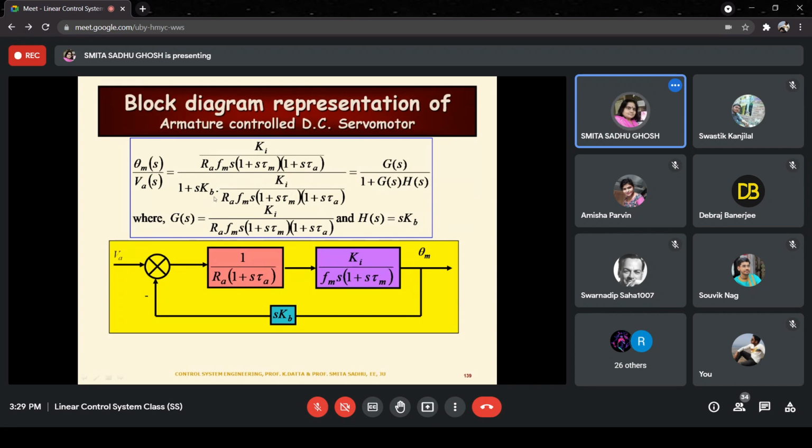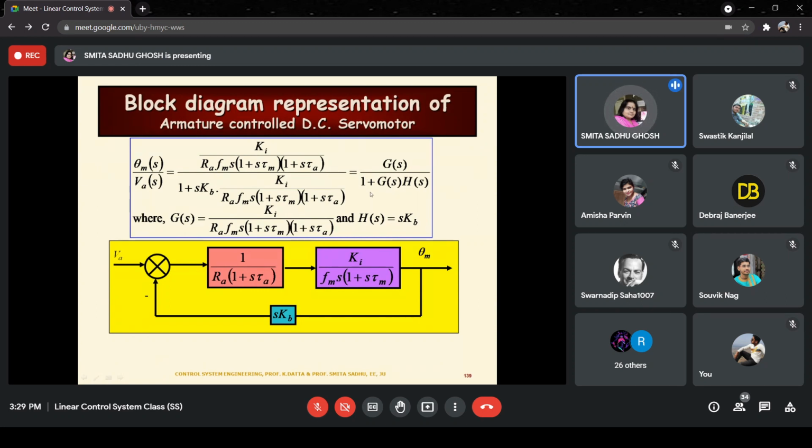So this s into Kb can be denoted as the feedback path transfer function, right? If we take H(s) equal to s Kb and G(s) equal to the numerator, this whole expression for the transfer function boils down to G(s) by 1 plus G(s)H(s), right?